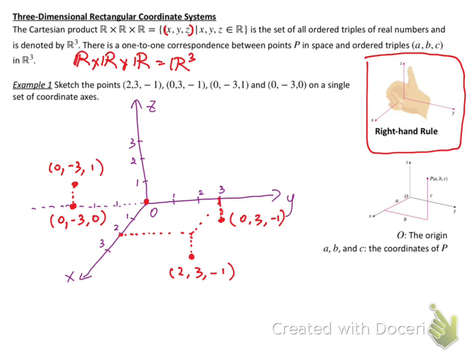So again, if you are thinking of the xy plane as the ground, then only the 0, -3, 0 is on the ground. 0, -3, 1 is above the ground, and 2, 3, -1 and 0, 3, -1 are below the ground. Okay, so there are layers.